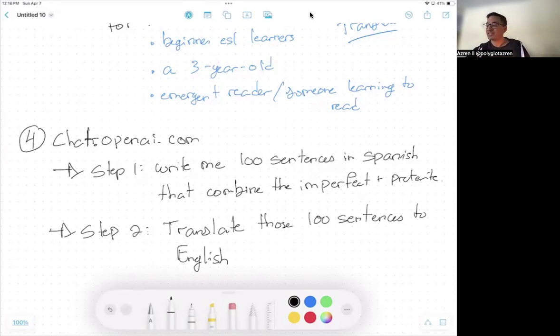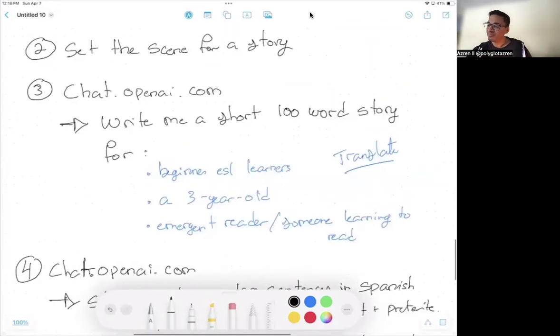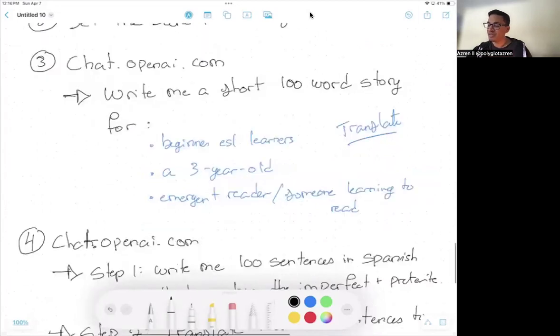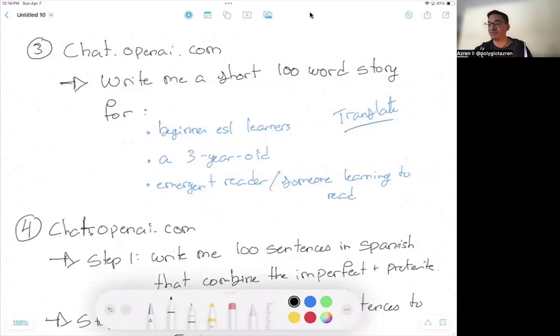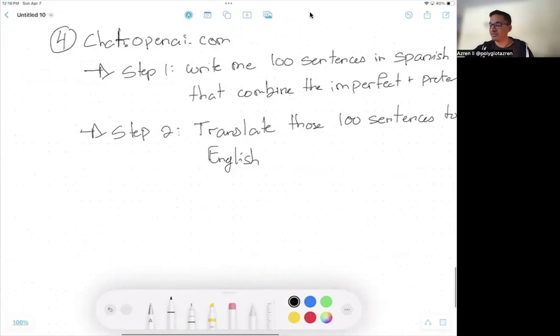Okay. What's this number 3 and number 4, not so much 1 and 2, but these 3 and 4. So using the 2 ChatGPT activities, this is going to be a way to practice your imperfect and simple past.